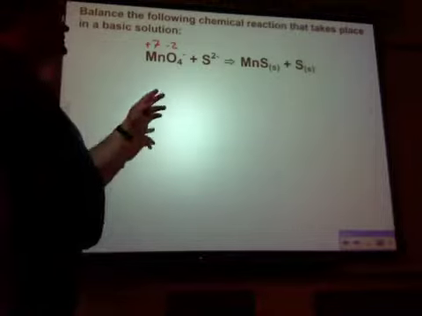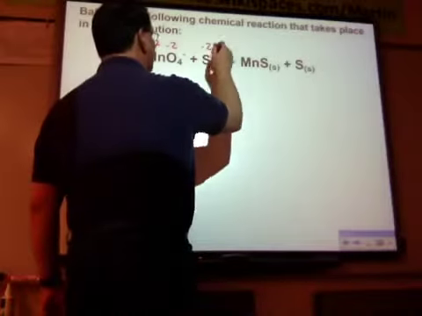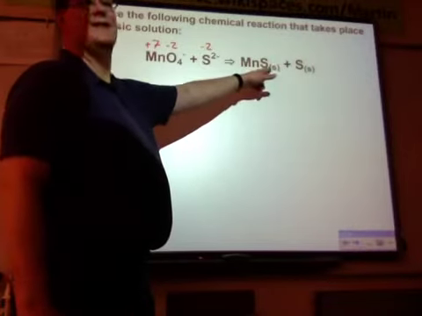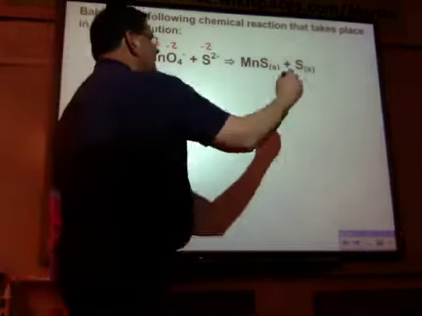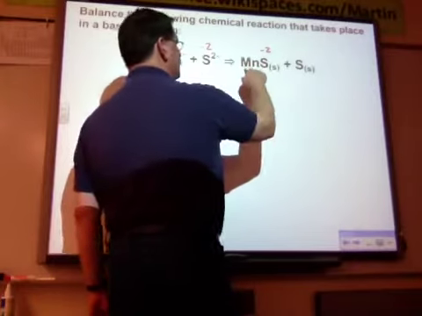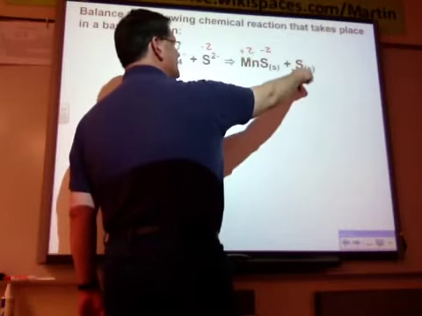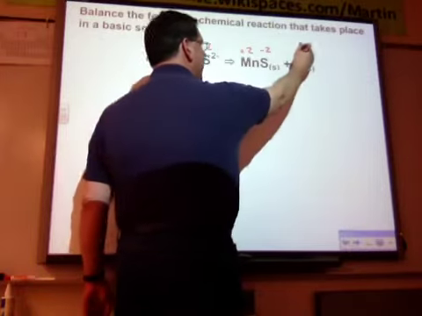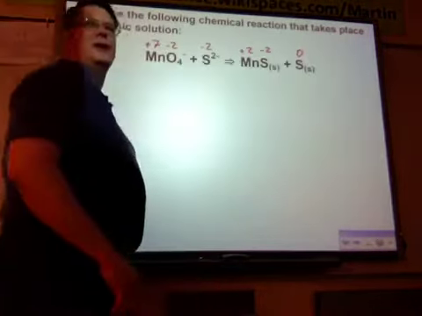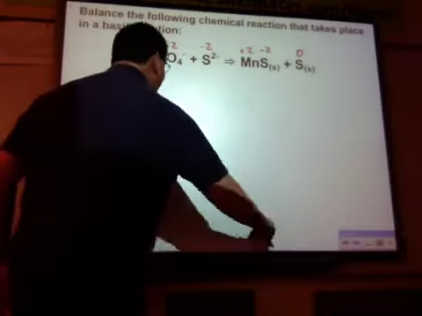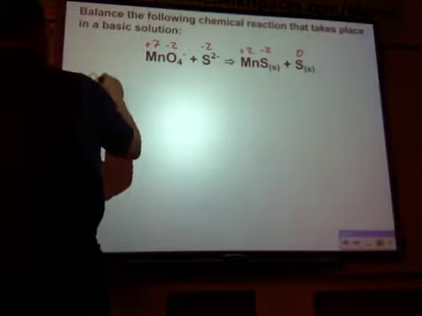Or technically this isn't sulfur, this is sulfide. -2. Okay, what about this? Sulfide is still -2. What about this? +2. And this sulfur? 0, because it's a pure element. Okay, so oxidation.